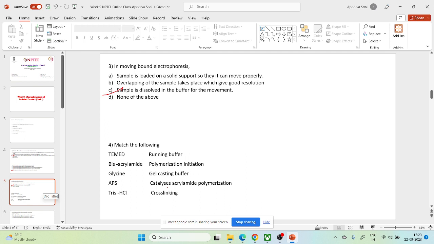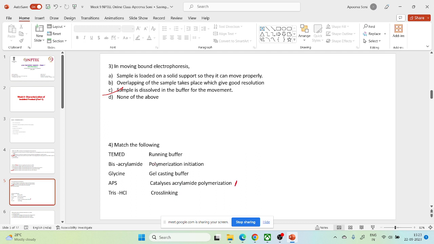Can you try? Yes, ma'am. TEMED is a catalyst, it catalyzes acrylamide polymerization. Okay, we'll just mark it one and then in the end check.